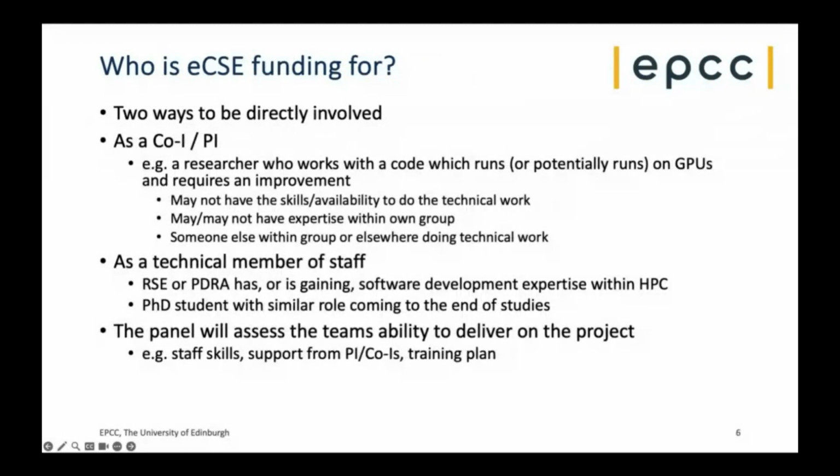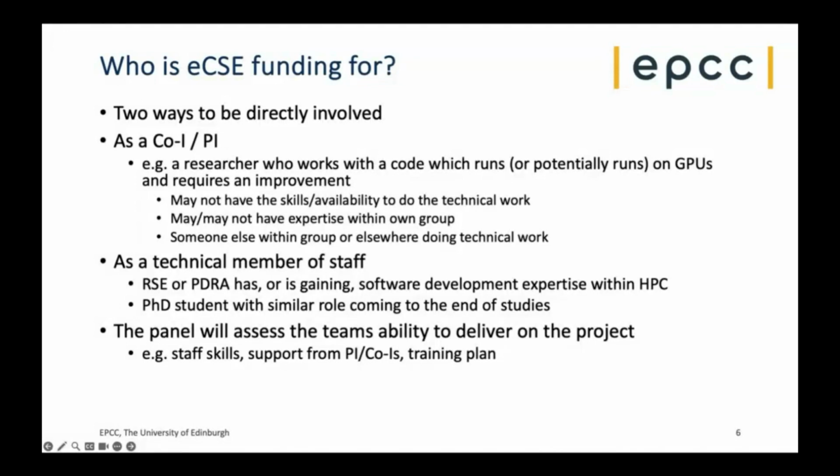Okay, so there are two ways that individuals can become involved. You can become involved as a co-I or a PI. This is often people who have an ownership of the code in some way, or some kind of impact around the code. So this might be an academic who utilizes the code for their science, or who is responsible for the development of the code.